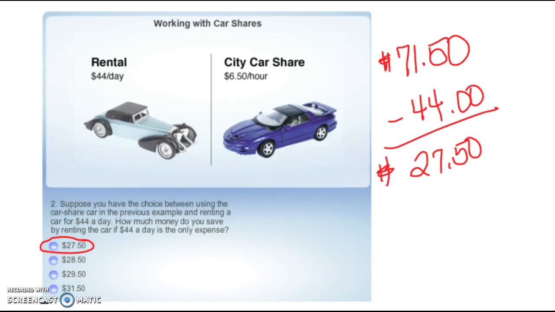We found that out a minute ago. Renting the car, $44. So I would end up saving $27.50. Again, the sharing of the car is usually better if you're doing it just for a short number of hours. Rentals are generally cheaper if you are doing it for a certain number of days.